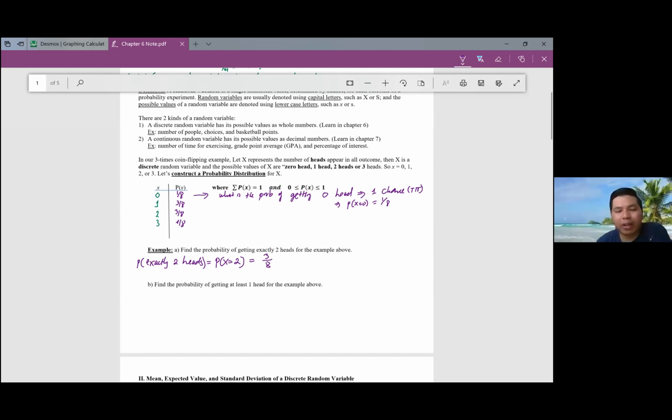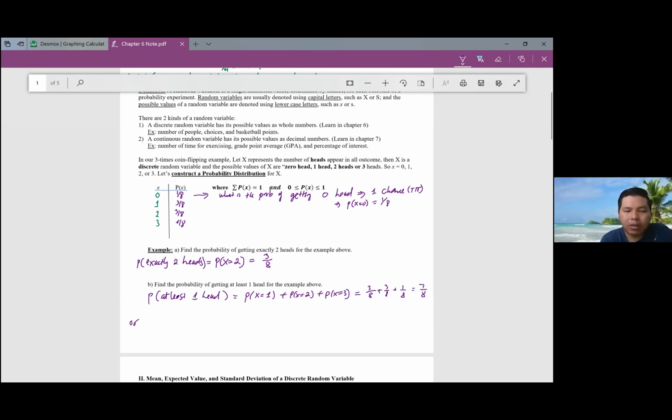Thank you for sharing. All right, so the probability of getting at least 1 head will be P of X equal to 1 plus P of X equal to 2 plus P of X equal to 3. And according to the table, we have 3 over 8 plus 3 over 8 plus 1 over 8, which gets 7 over 8.